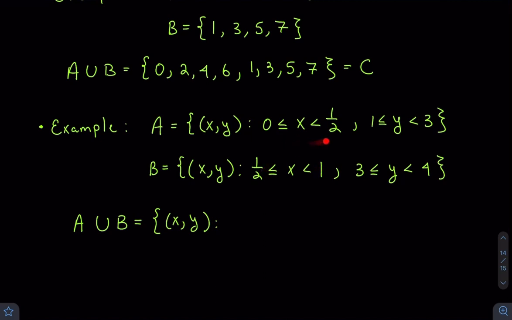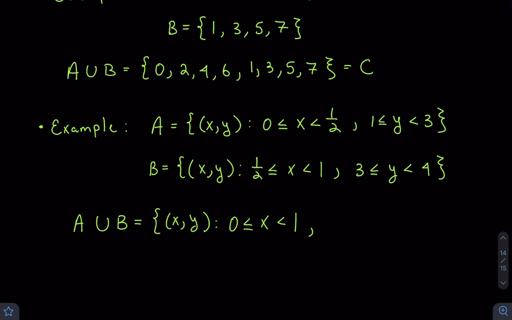So if we were to combine all the x elements in A and all the x elements in B, that would give us the interval from 0, including 0, up to, but not including 1. And this interval makes sure that we include this 1/2, which wasn't included in set A, but was included in set B.